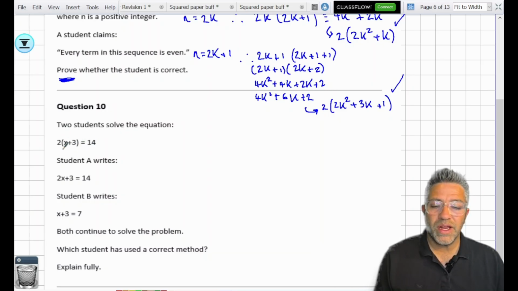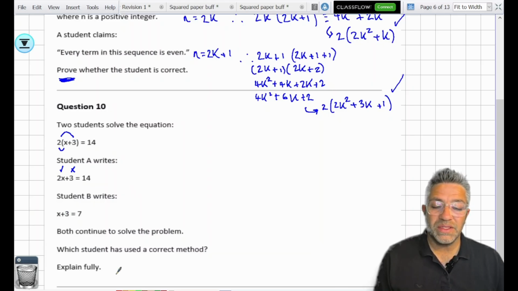When we expand brackets, we must multiply out each term. 2 times x is 2x. 2 times 3 is 6. So straight away, we know student A is wrong. But student B hasn't written 2x plus 6 either.